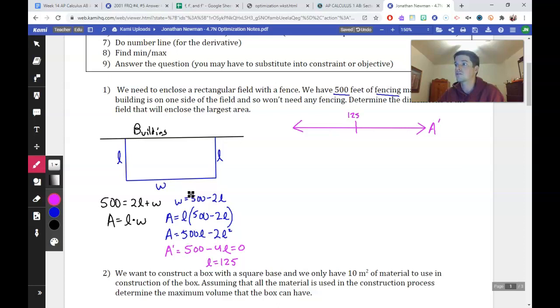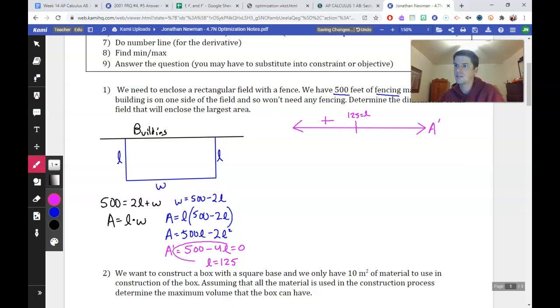And 125 is the length that is going to be our cutoff. If we plug in a number smaller than 125, remember we're plugging it into the derivative equation, so I'm just going to look right here. Say plug in 0: 500 minus 0 is positive, so we're going to be positive on this side.